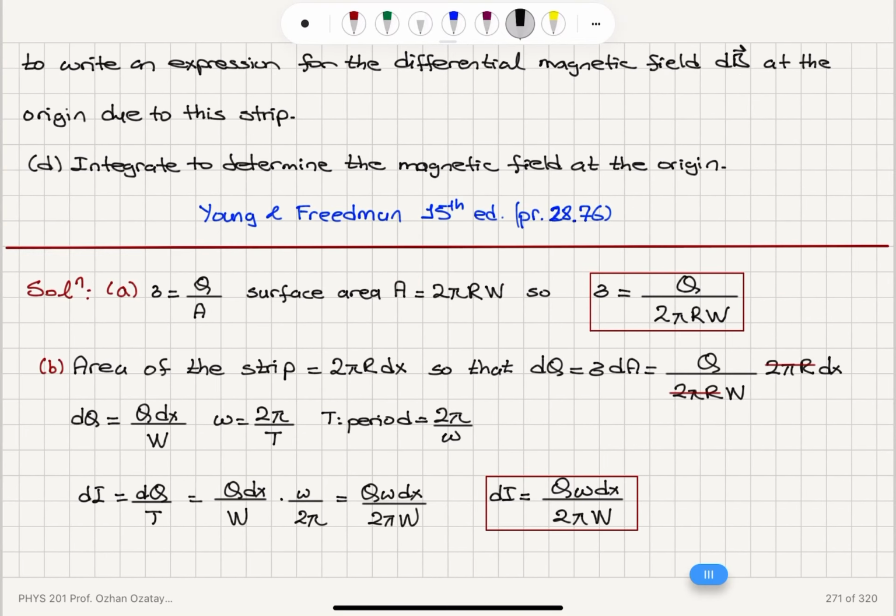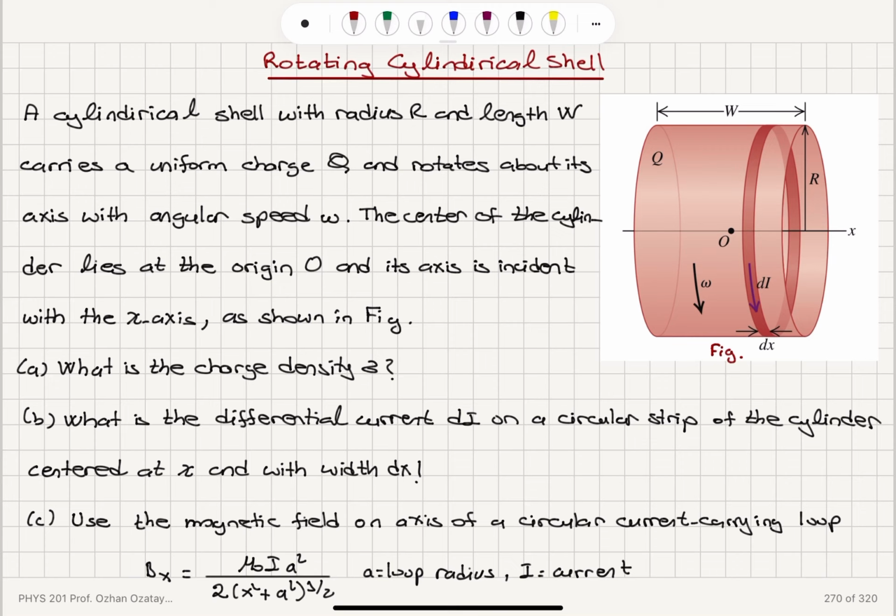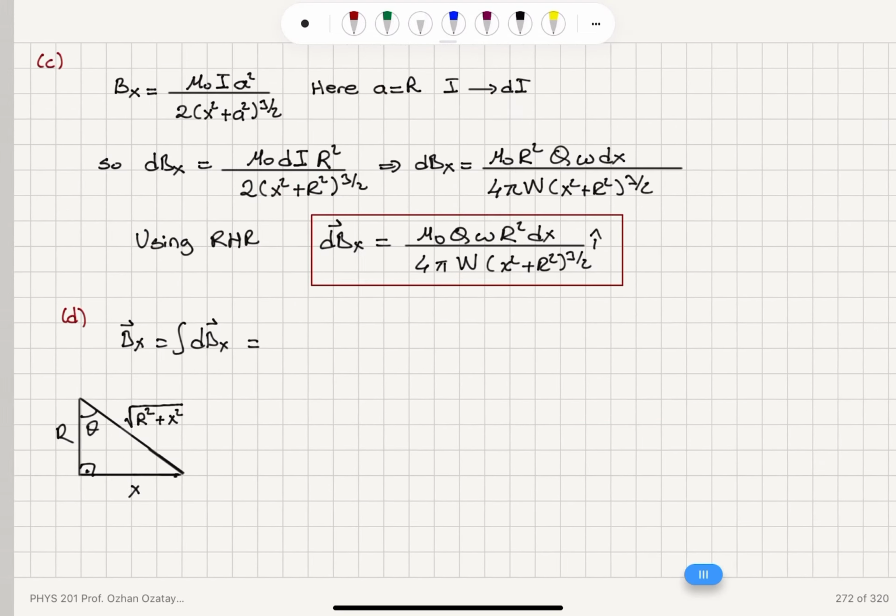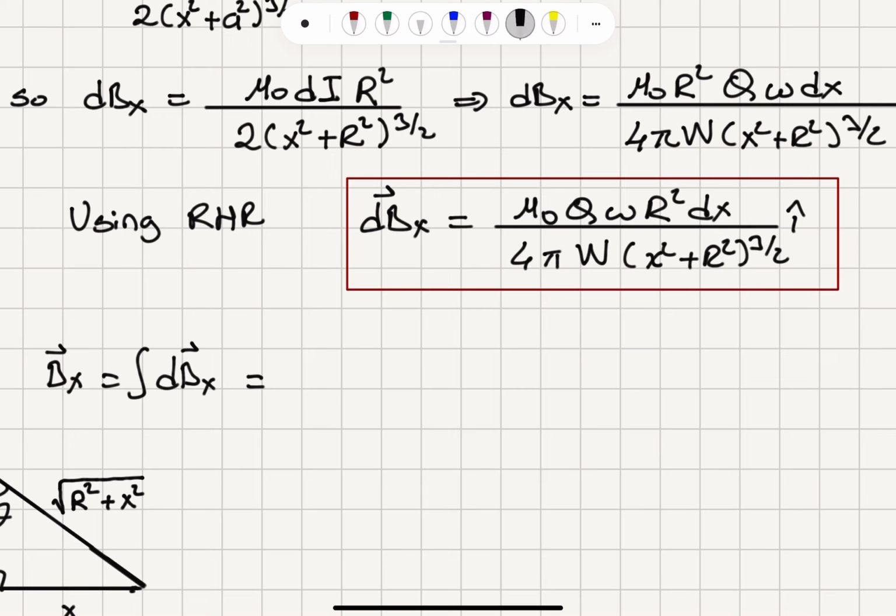So if I go from 0 to W over 2 and minus W over 2 to 0, the answers will be identical. So I might as well say this is twice the integral from 0 to W over 2 of dBx.